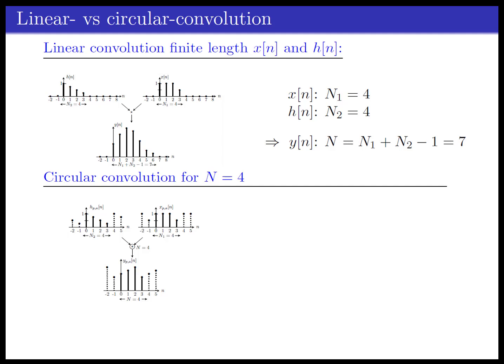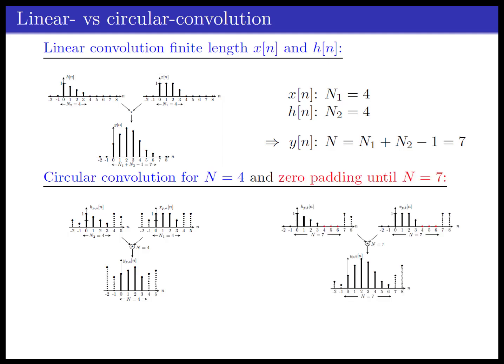It's clear that within the fundamental period this result is not the same as the linear convolution result. However, when first applying zero padding up to a length of N = 7 in this case, and then applying a circular convolution, the result within the fundamental period is exactly the same as the linear convolution result.